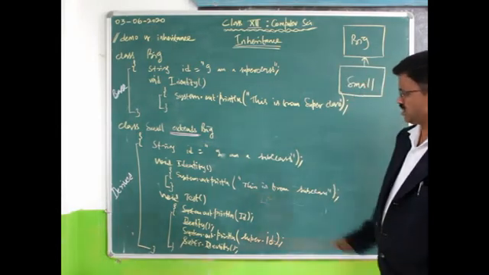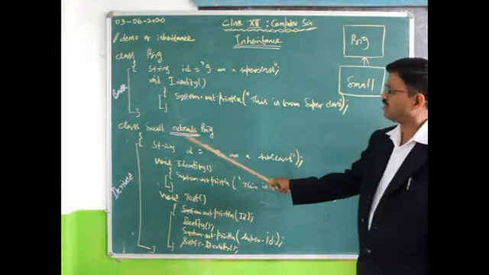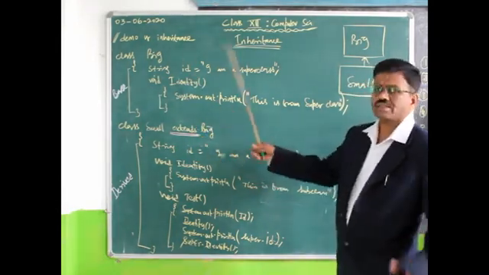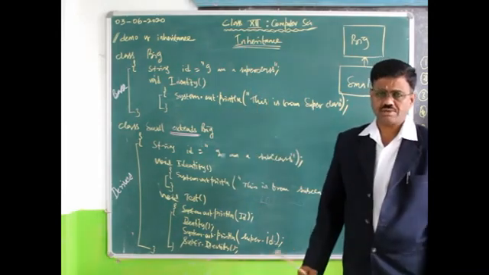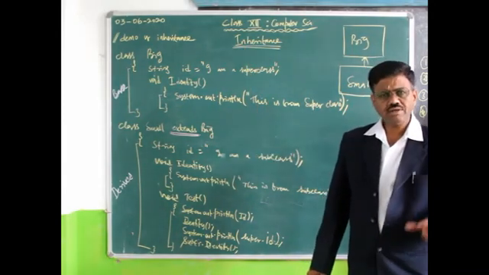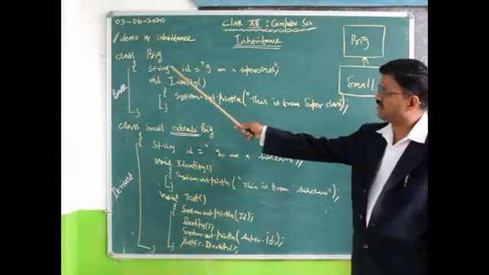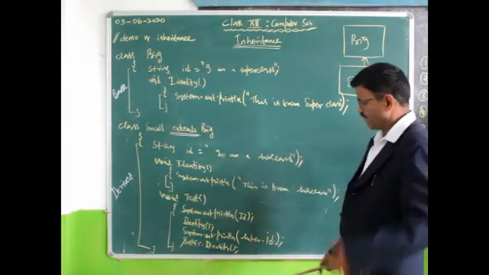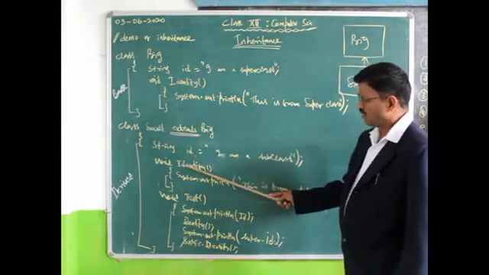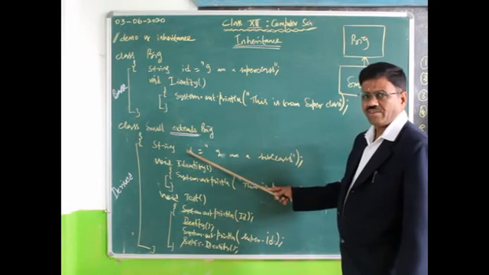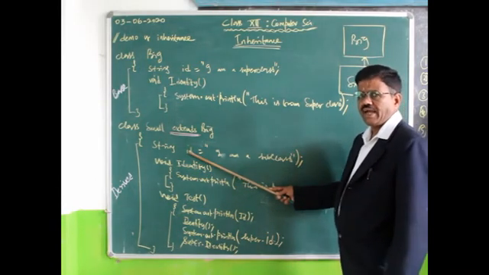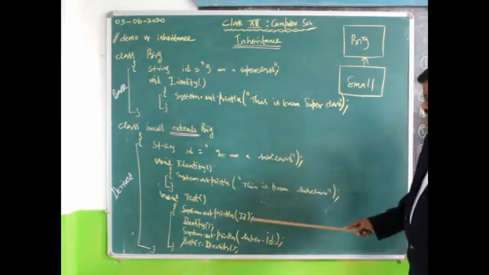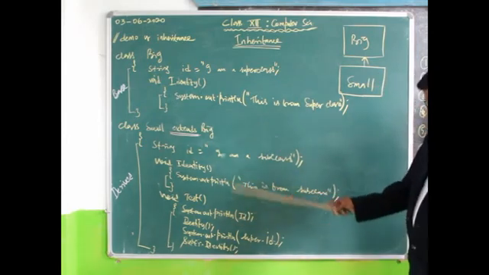Right? Now extends means this class and this class will be bridged, bridging the gap between big and small. Here I have two methods, identify and test. I have a data member called ID.